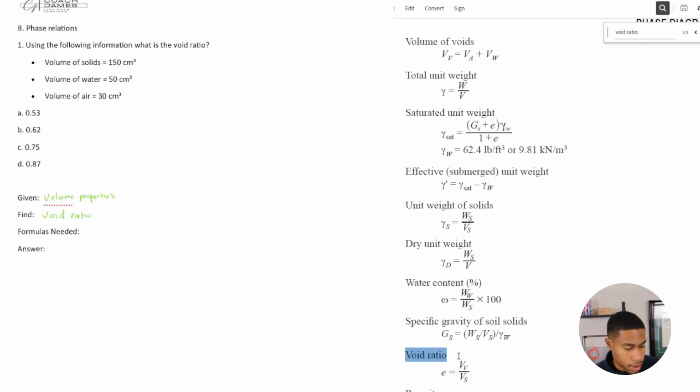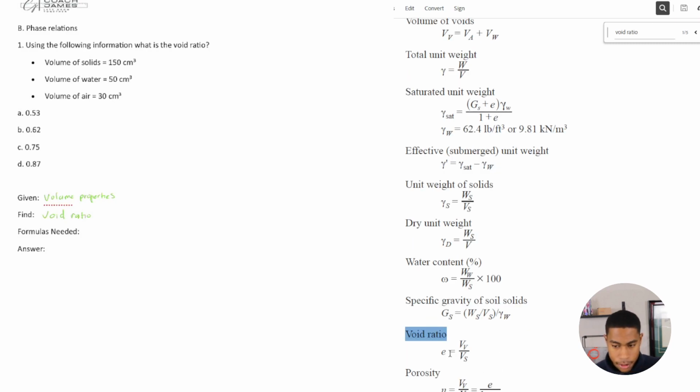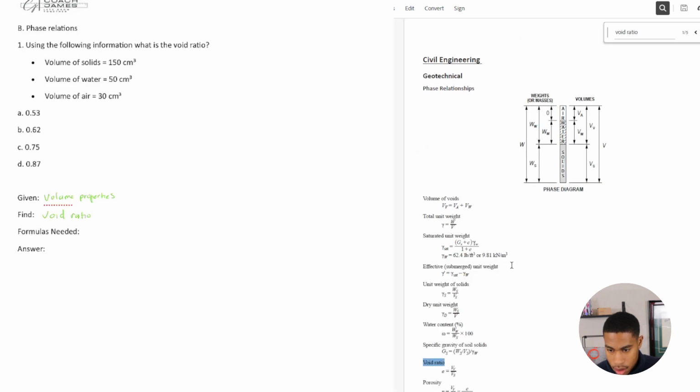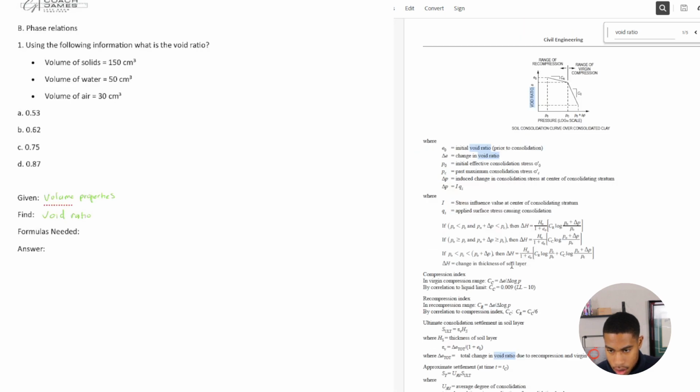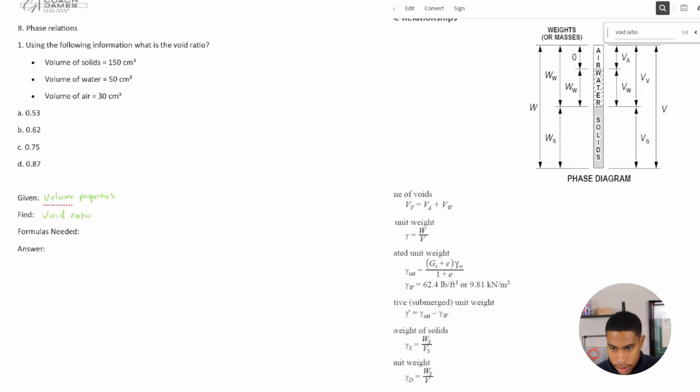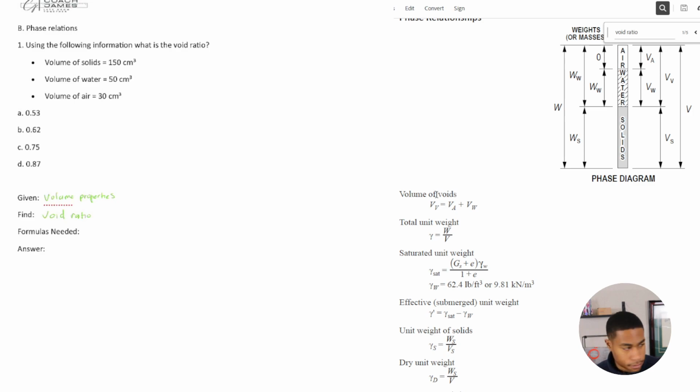that void ratio is equal to VV over VS. Well, what is VV? So VV is going to be volume of voids.